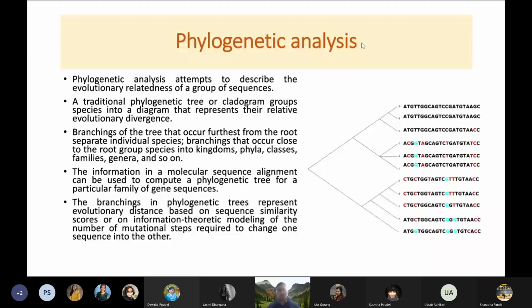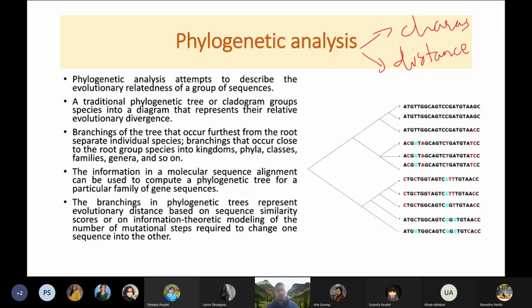There are character-based methods or distance-based methods, and within those there are different algorithms like maximum parsimony, maximum likelihood, different methods. Even on the basis of those algorithms we will come up with different phylogenetic trees.